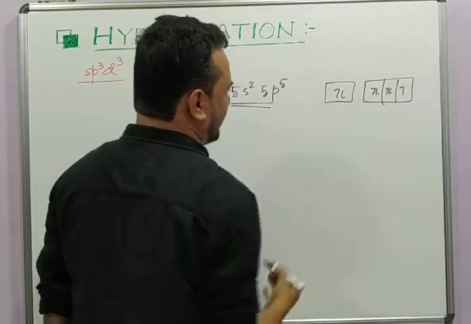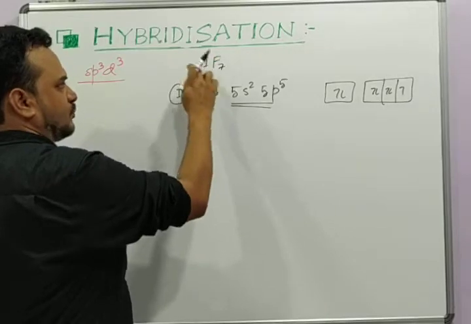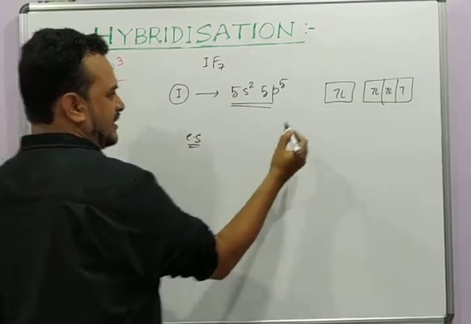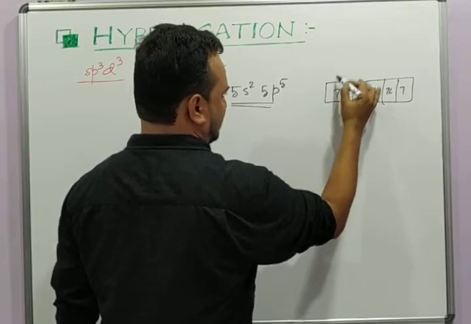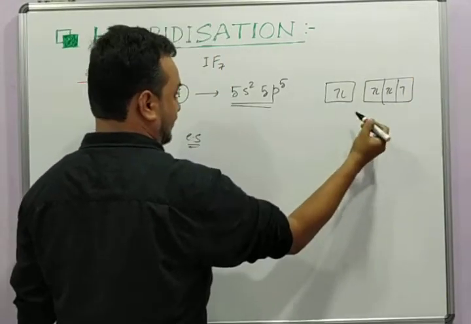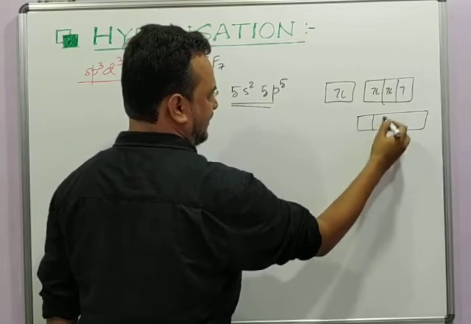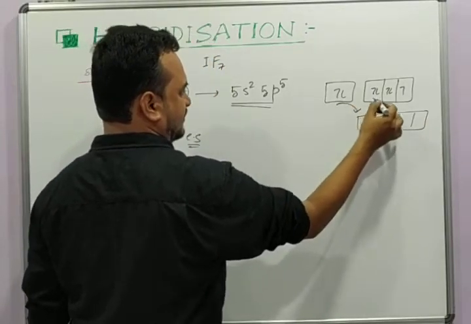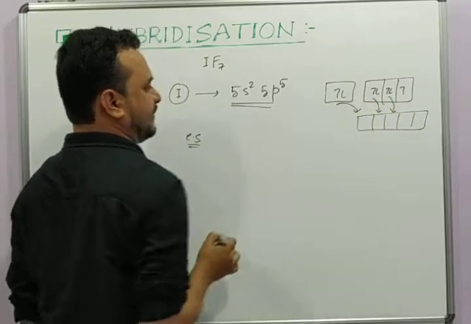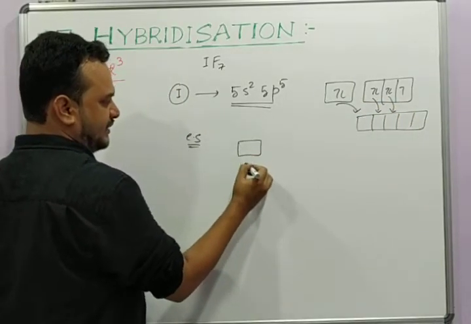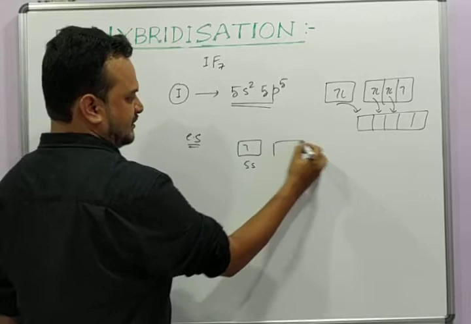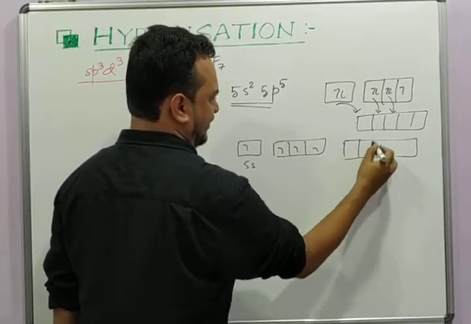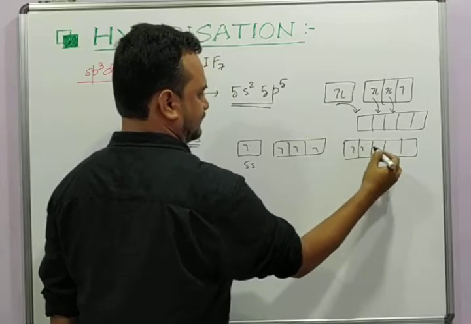So clearly we cannot explain the covalency 7 here, so we need the excited state electronic configuration, and some of these electrons will go to the 5d. You have vacant 5d here, okay. So one will come here, another will come here, and another will come here. So in the excited state, what you get is the 5s, then the 5p, each containing 1, and then comes the 5d, this.